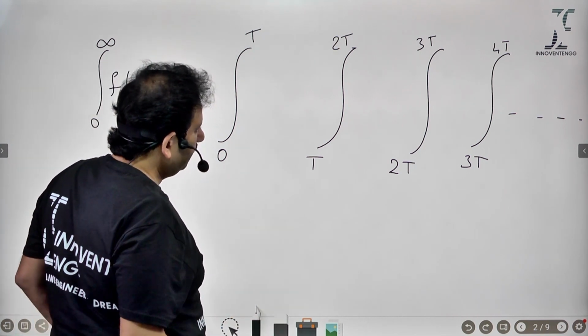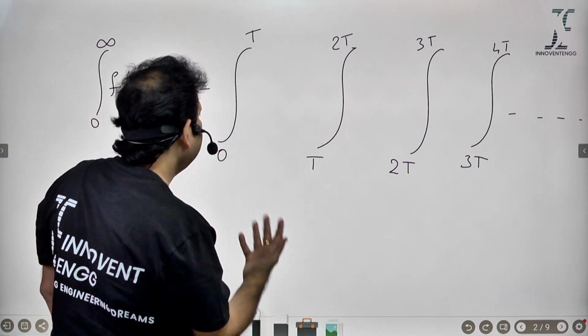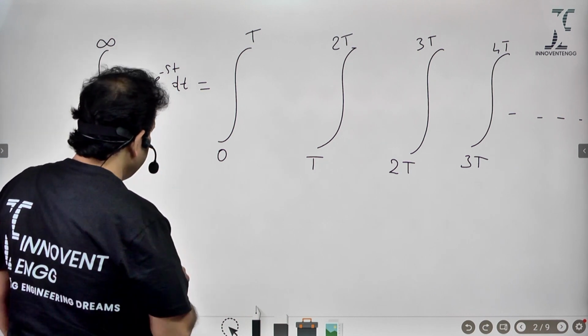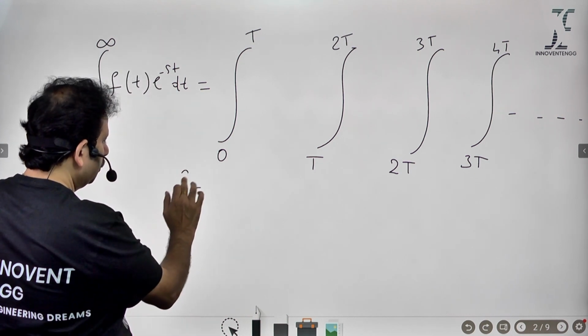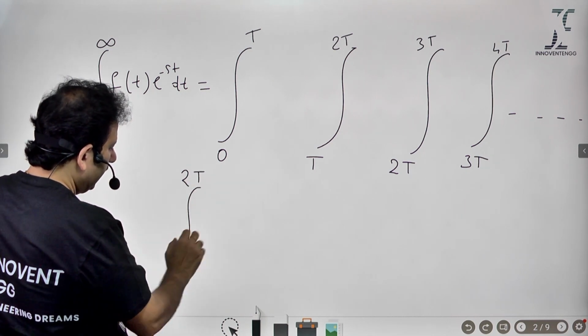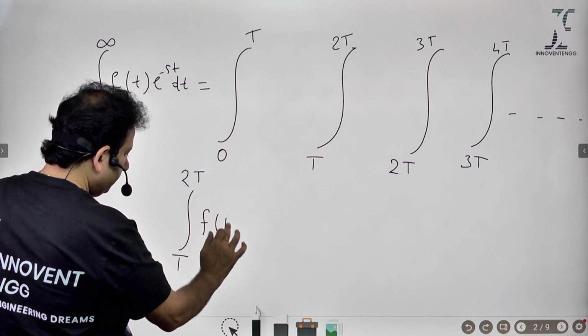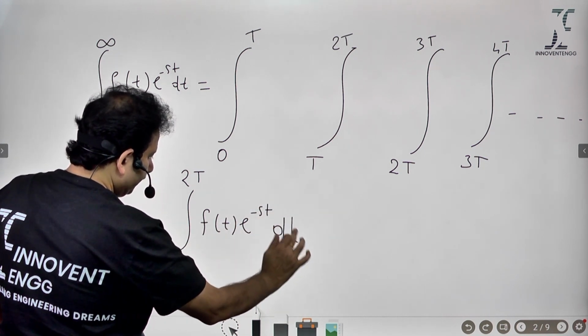Now let me consider an integral arbitrarily and then attempt the time shifting. For example, if I consider an integral from T to 2T, and then write the integrand, which is of course f of t e power minus st, and then dt.